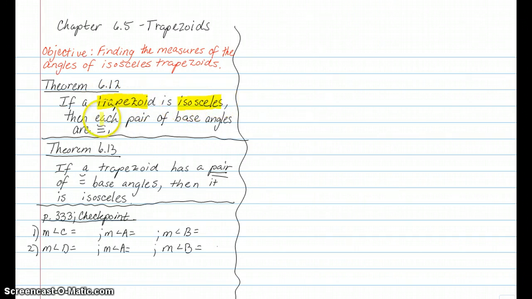There are two pairs of base angles, and they're congruent. The reverse of that is, if a trapezoid has a pair of congruent base angles, then it has to be an isosceles trapezoid. Go ahead and get that written down.